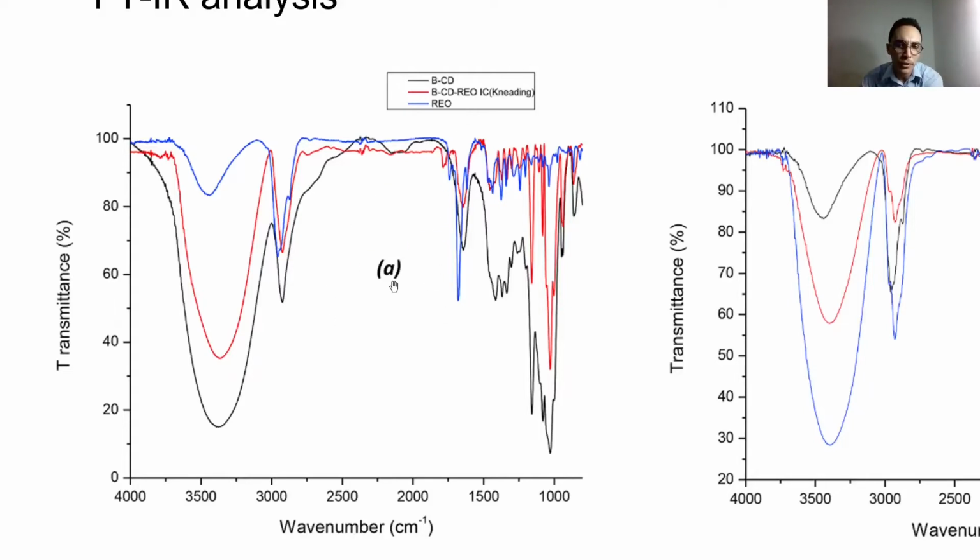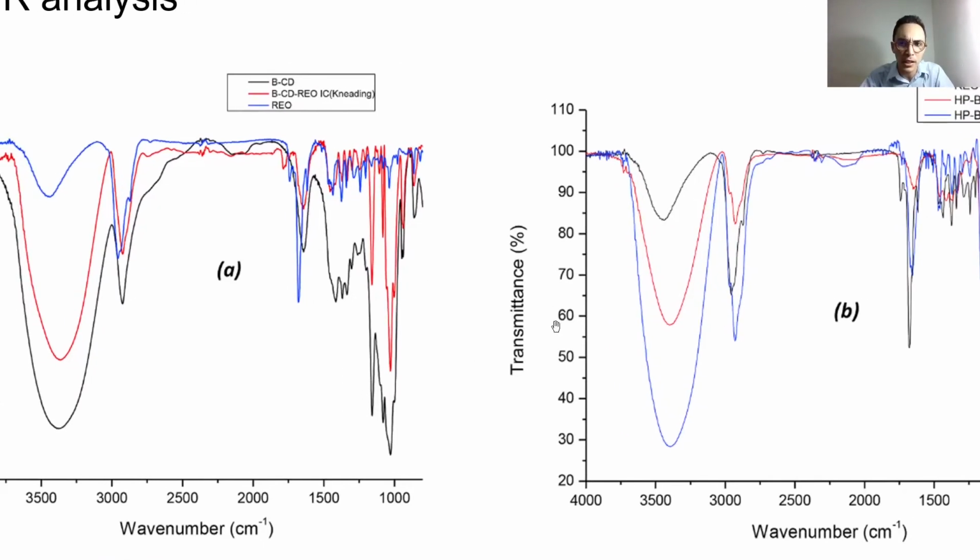Looking at that we can see some differences, and it is possible to say that this is some evidence of inclusion complex formation.